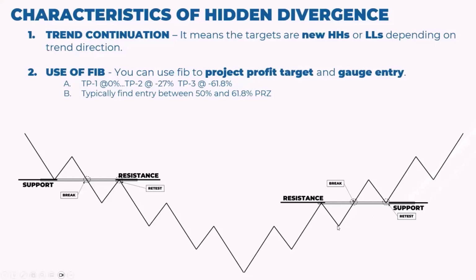If I measure this run with the Fibonacci tool from the low to the high, I can measure how much the pullback is. This pullback usually retraces 50 to 61.8% of this move. We call them fib levels.